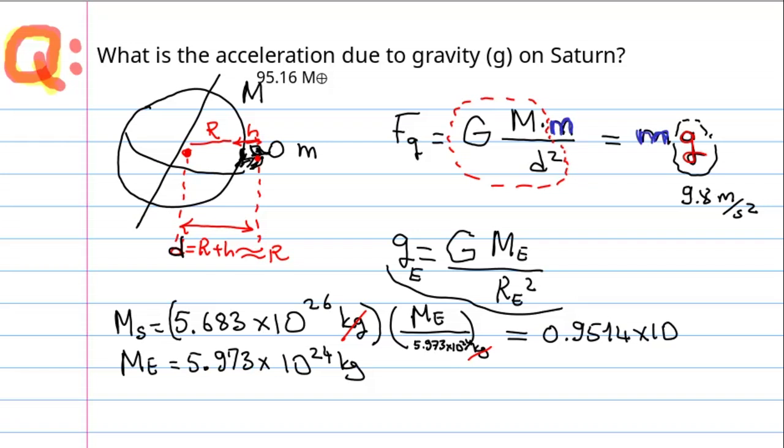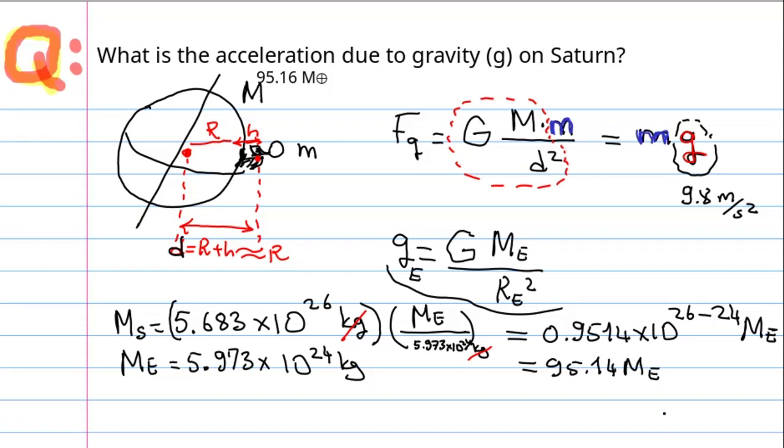Times 10 to the 26, minus 24 for the mass of Earth. So 26 minus 24 is 2, and 10 to the 2 is 100. This value times 100 is 95.14 mass of Earth.